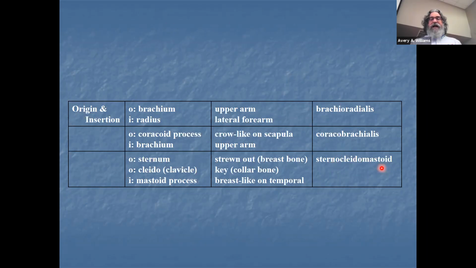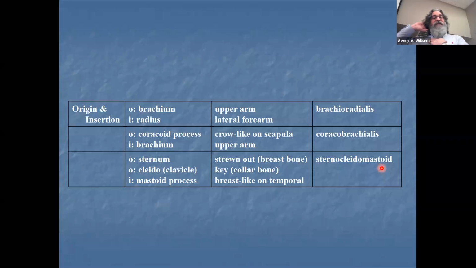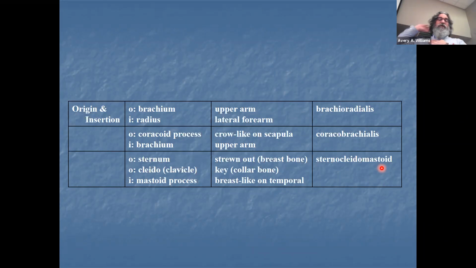Well, you've got to think about this one, because look, sternocleidomastoid. The mastoid process is on your head. Your sternum, that's your chest. And where's your clavicle? Well, it's also in your chest. So the clavicle and the sternum together make up the origin. So there's 2 origins, 1 insertion.